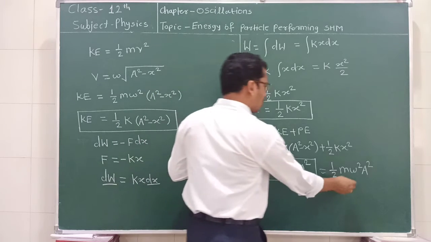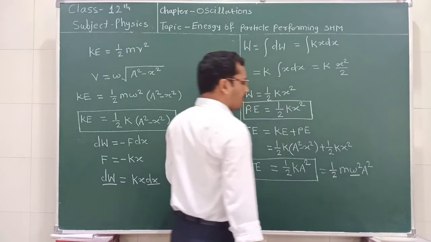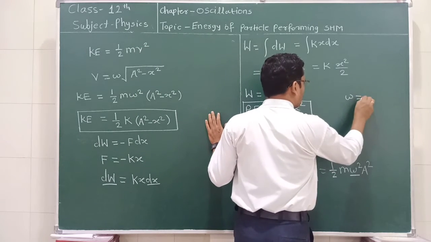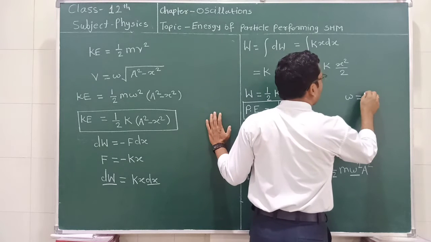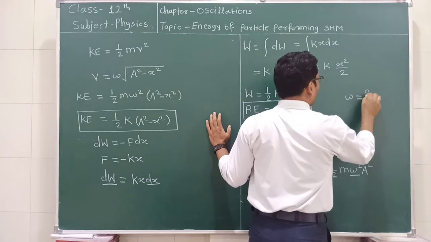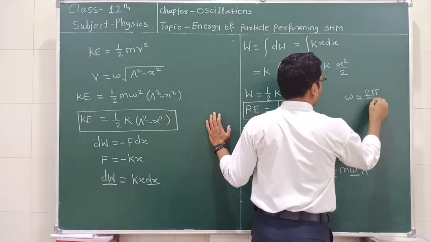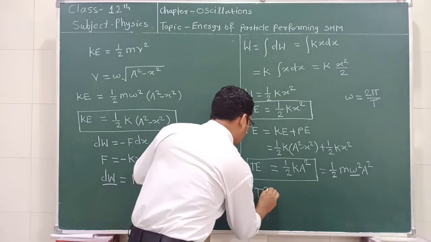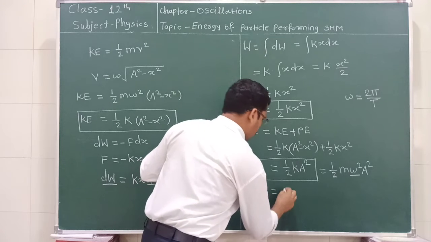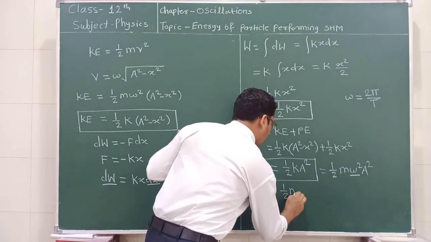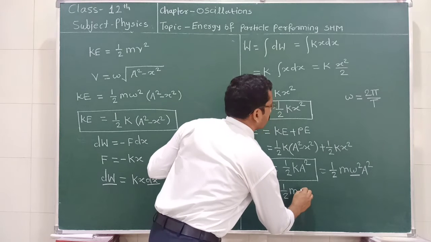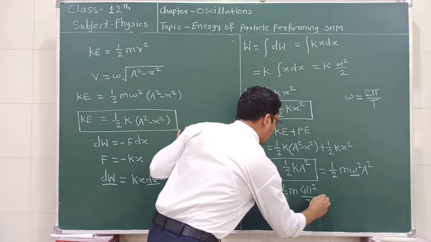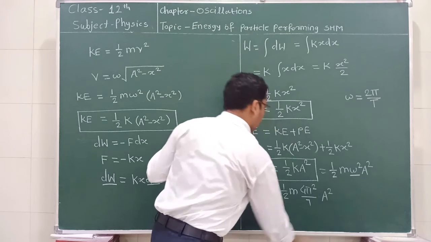This relation can also be modified by putting in the value of omega. What is omega equal to? This omega is equal to 2 pi by T. So this equation can also be written as total energy is equal to 1 by 2 m into 4 pi square divided by T square, multiplied by a square.